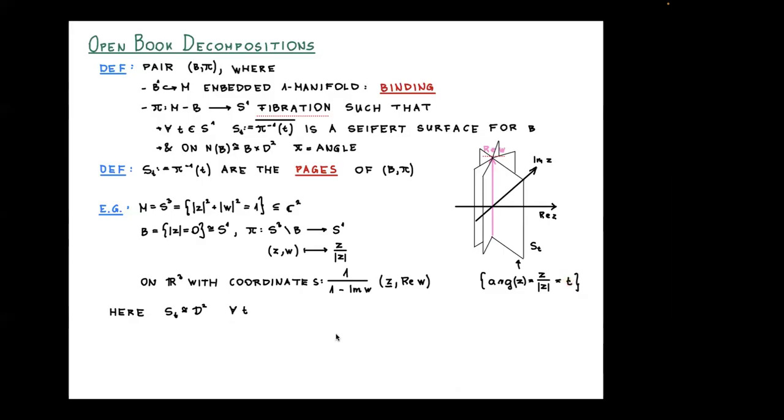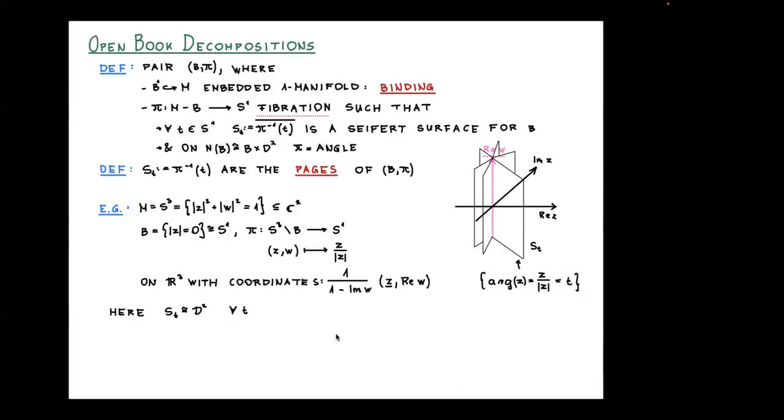Okay, so remember that we are not working in R3, but in a 3 sphere. So even though these pages look like half planes, they are actually just disks. For every point you have a disk.